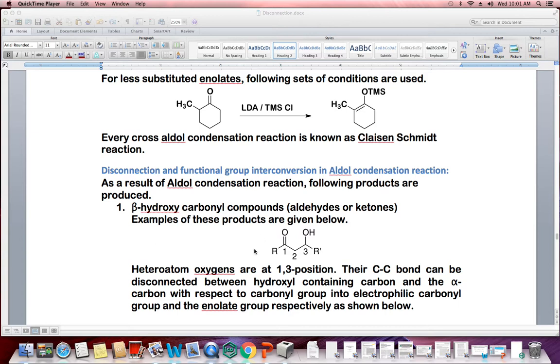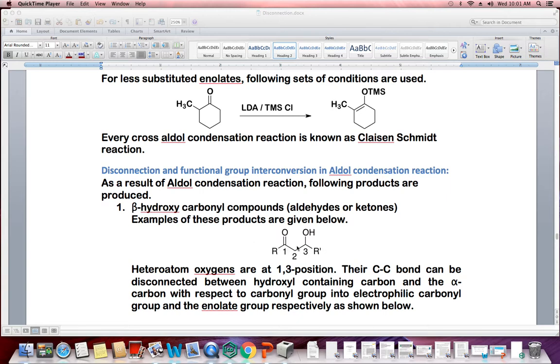In the first category, the product is 3-hydroxy or beta hydroxy aldehyde or ketone. When we talk about heteroatoms, in this case the heteroatoms are oxygen, and they are at the 1,3 position.